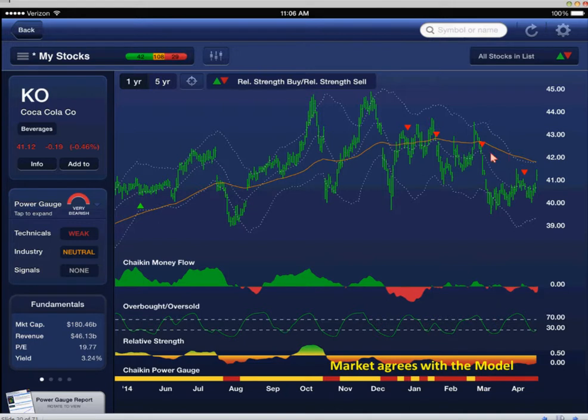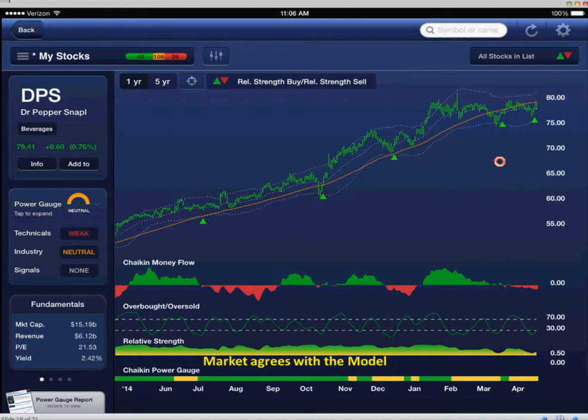If you want a beverage stock, which do you want to be in? Coca-Cola, which is going sideways for the past 12 months, or Dr. Pepper that's up almost 60%? To me, the choice is simple. And there are choices every day in the market. And we're going to see examples of that in terms of the earnings that came out tonight after the close and other examples. You don't have to buy any given stock.